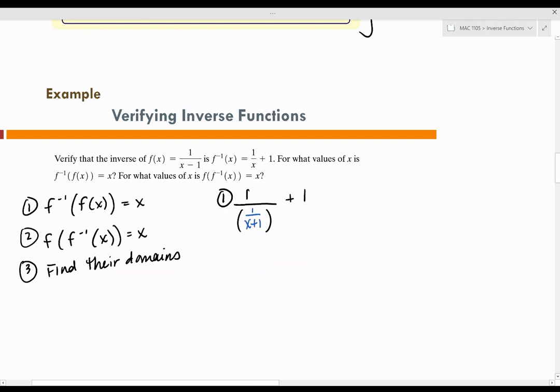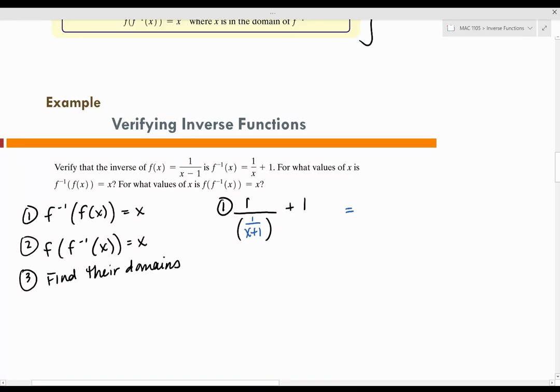We need to simplify this. So this first part, we have 1 divided by 1 over x minus 1. Instead of dividing by a fraction, we can multiply by the reciprocal, keep change flip. So that's going to be 1 times x minus 1 over 1, plus 1. X minus 1 over 1 is just x minus 1, times 1 is just itself.